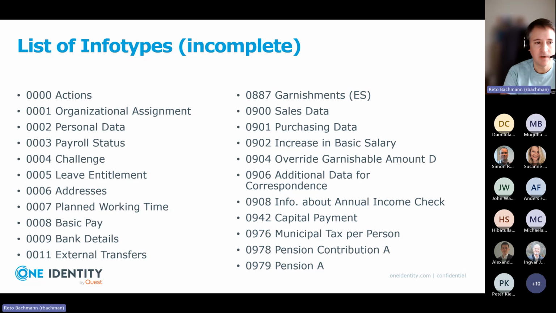Then you have others like the organizational assignments, to which department, location, an identity or an HR record belongs, the personal data, payroll status. So there are many more. So this list is not complete. And also all the, let's say, info types like 9000, for example, are custom info types. So there are a lot of other info types available in the end in SAP. These are just a few of them, which can be used, for example, on the Identity Manager side.